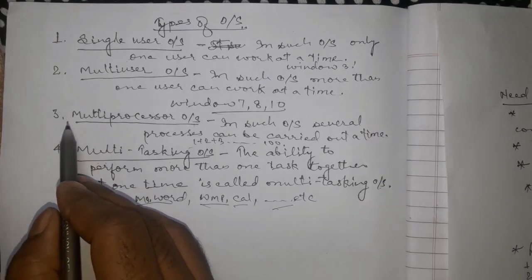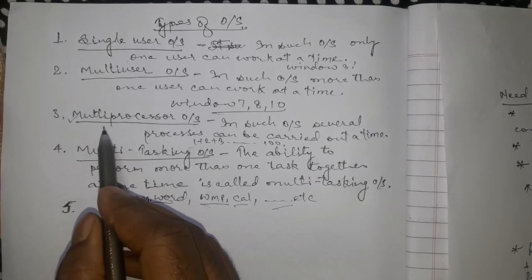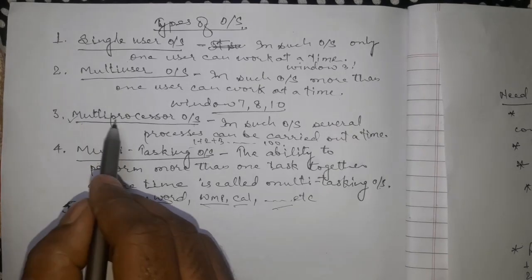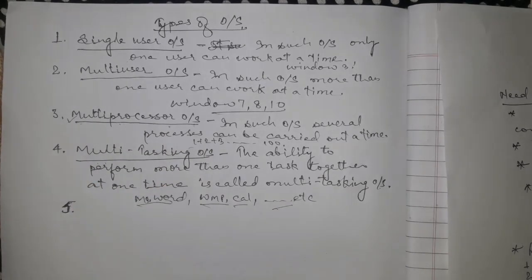So those are examples of a multi-processor operating system. It means different processors, 8 processors or 10 processors or 2 processors, 5 processors are set in the computer or mobile only to help in multi-processing of the different processes.